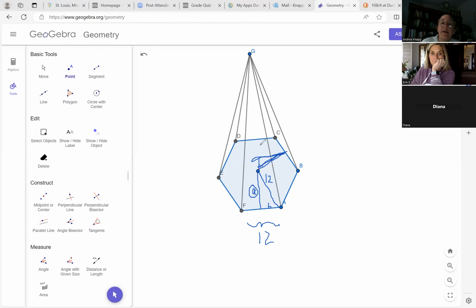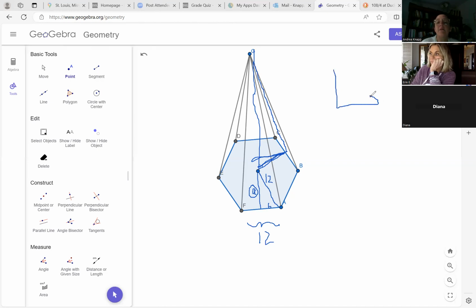We had the height of 9. And then this lateral, or this slant height L, came up through the center of that triangular face. So there's our triangle.